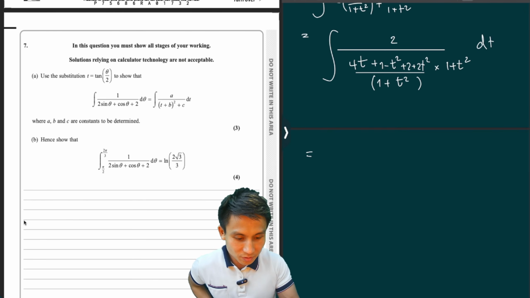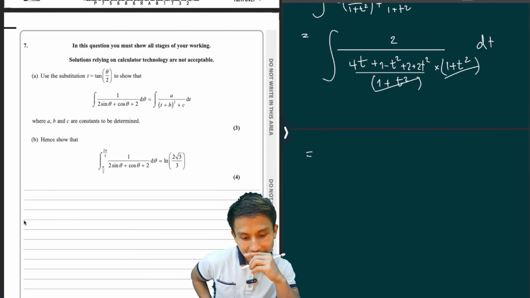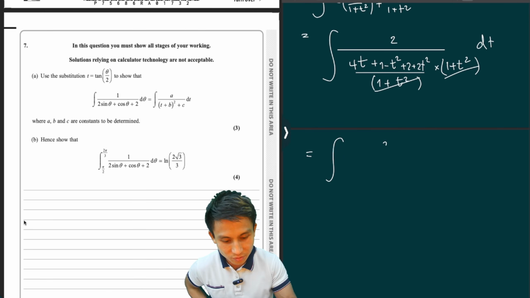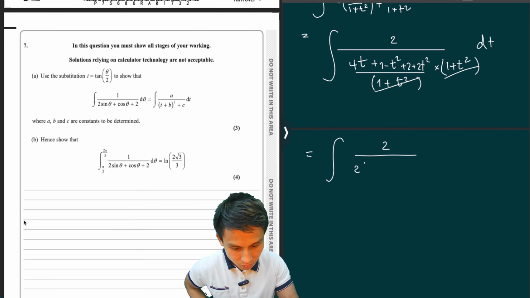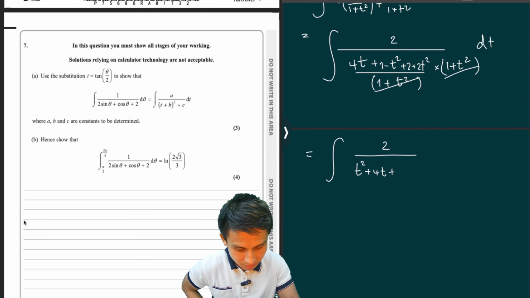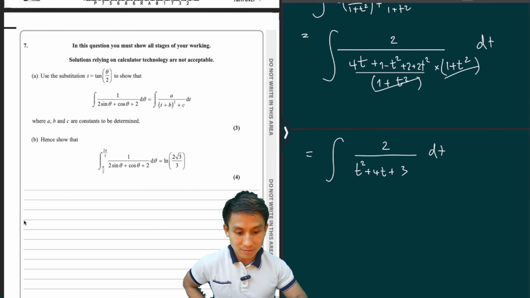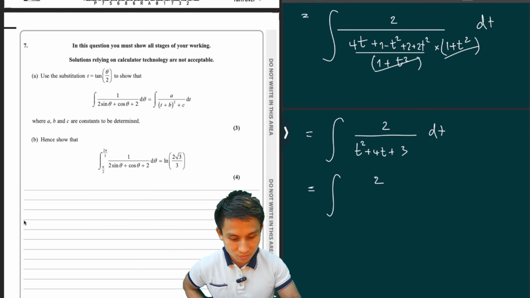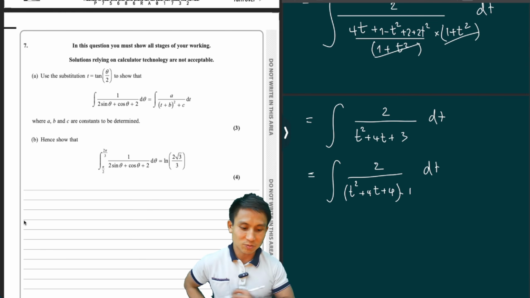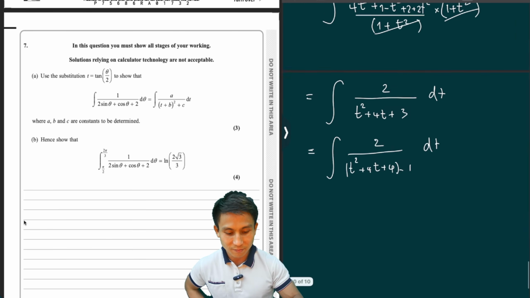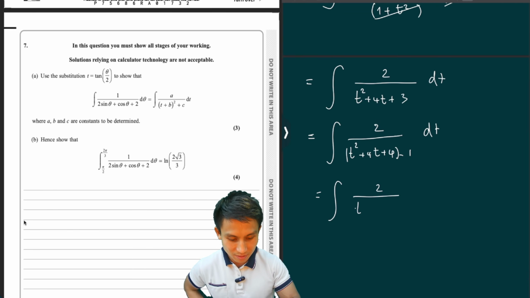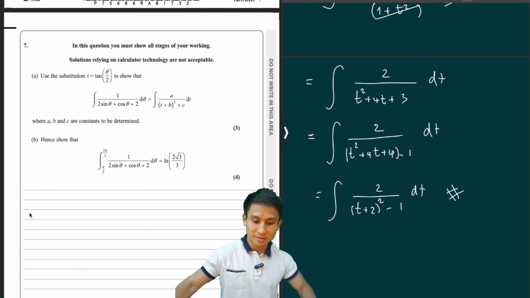So that cancels, of course, we like that. And the bottom bit, what do we have left? It's 2 divided by 2, and t squared is 1t squared, plus 4t plus 3 dt. We need to complete the square there, so that's t squared plus 4t plus 4 minus 1, because I want to make this a complete square, so that's why I split 3 into 4 and minus 1. That gives a complete square of t plus 2, squared, minus 1. And that is as required.